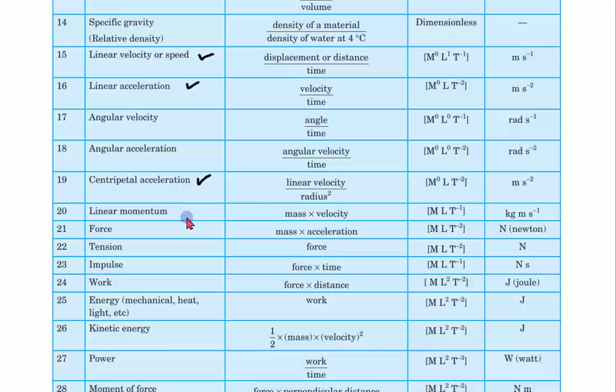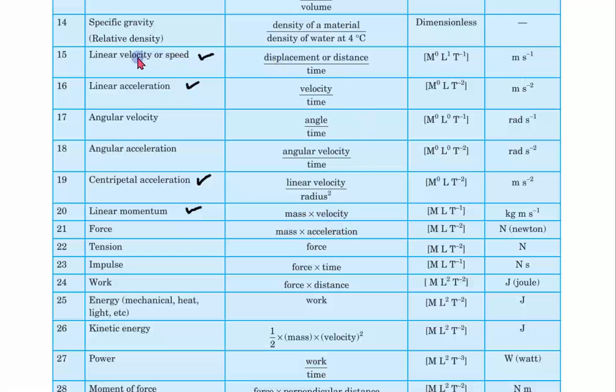So momentum. Momentum, just momentum or linear momentum, is mass into velocity. I already have mass as M, and velocity is L T minus 1.